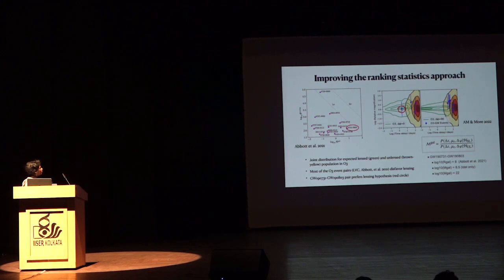So what we are proposing is a modified version of this RGAL, so we call it MGAL, where we are saying that instead of only using the time delays, we can also use other lensing observables that are there, because all these lensing observables are correlated with each other. And so if we make use of all these lensing observables jointly, then this new statistic will provide an improvement in the efficiency with which we can find these strongly lensed candidates.